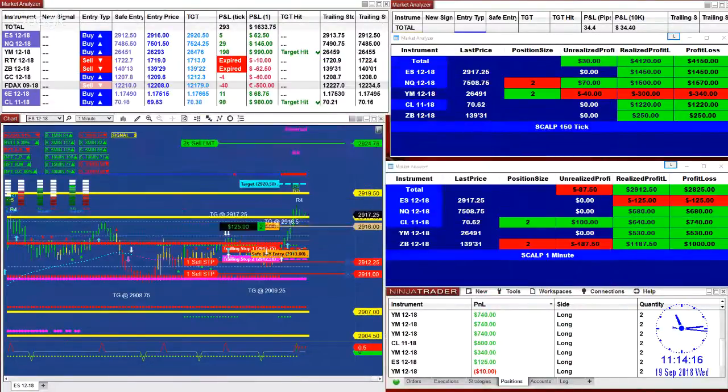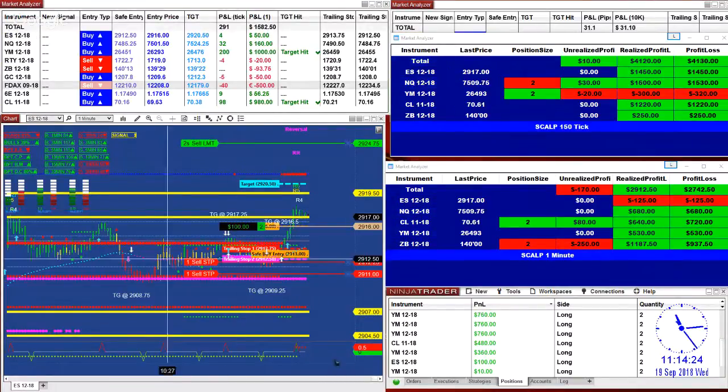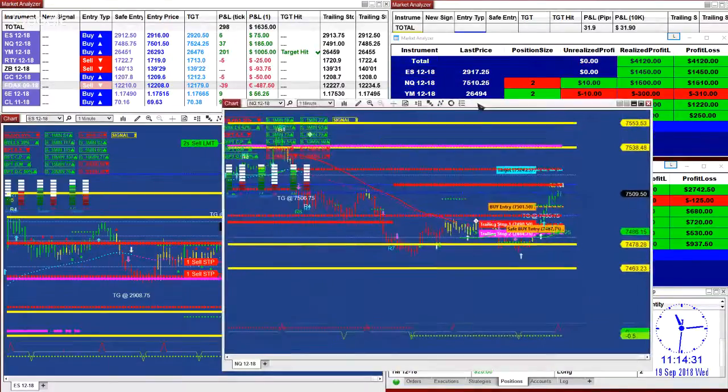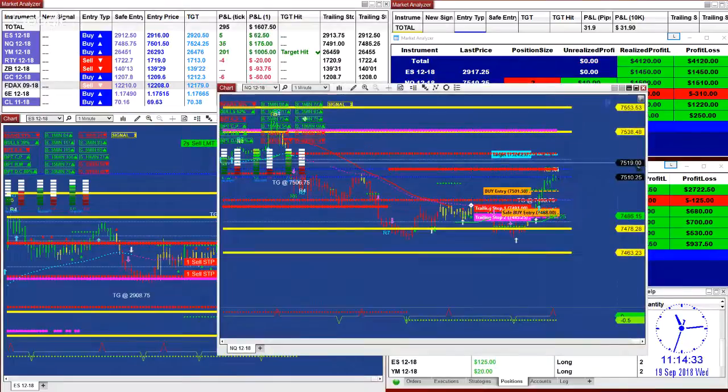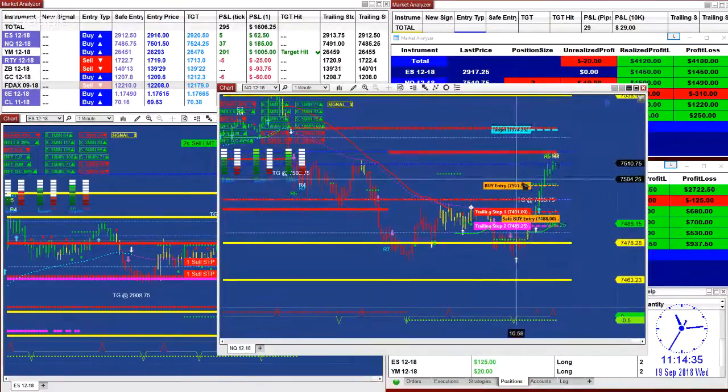Very slow process. On the NASDAQ, I didn't have the auto trade activated on it, but we had the entry.